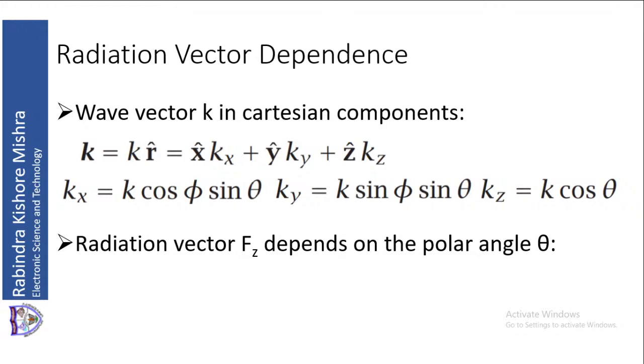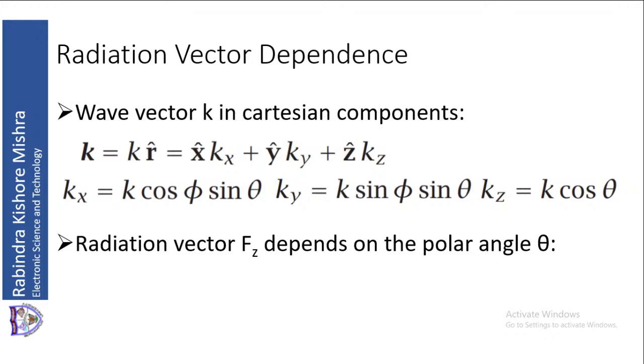So the integral is independent of phi. The integral is dependent on theta, but kz does not contain the phi component. The reason I have already told you: because of symmetry, the current is along the z direction, so the xy plane is symmetric around the z axis. Therefore there will be no dependency on phi. So the radiation vector F depends on the polar angle theta only, it does not depend on the polar angle phi.